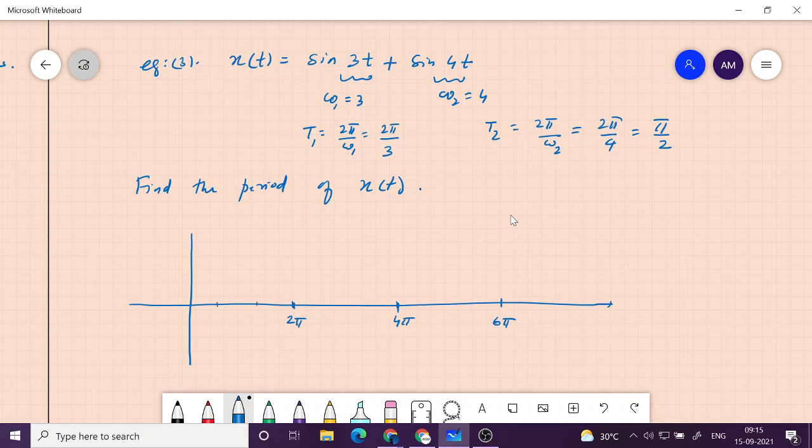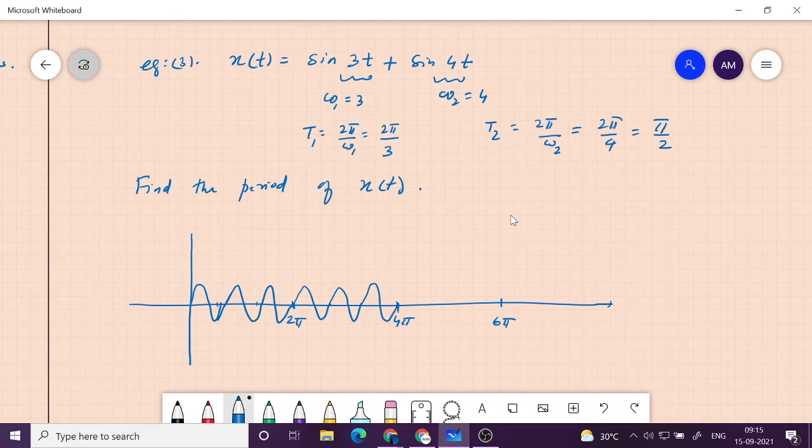If I have to draw this roughly, this is how sin 3t will look: 1 cycle, 2 cycle, 3 cycle.